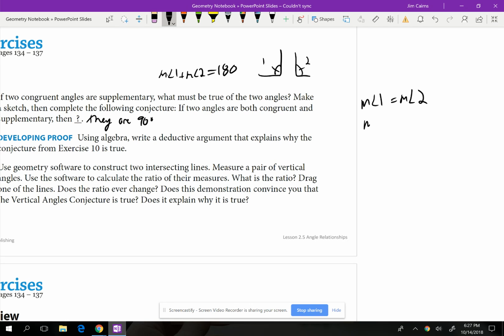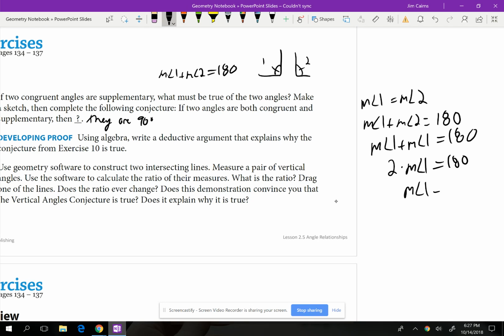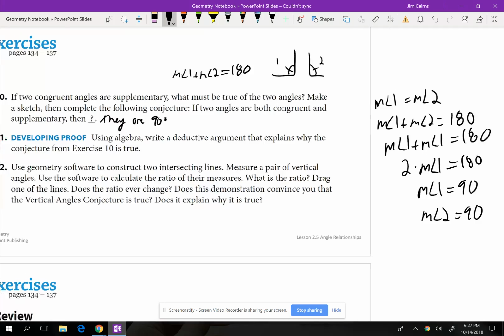Okay, I know that the measure of angle 1 plus the measure of angle 2 equals 180. And I can do substitution here. So I can say the measure of angle 1 plus the measure of angle 1 equals 180. That means 2 times the measure of angle 1 equals 180. Divide both sides by 2, measure of angle 1 equals 90. So the measure of angle 2 equals 90. And there you go. That's the proof.